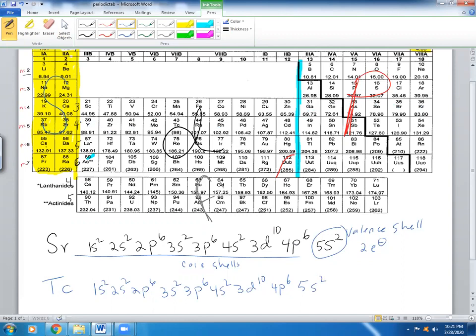Okay, remember the D is 1 less than this number, so that's 4D. Count: 1, 2, 3, 4, 5. So it's 4D5. Okay.